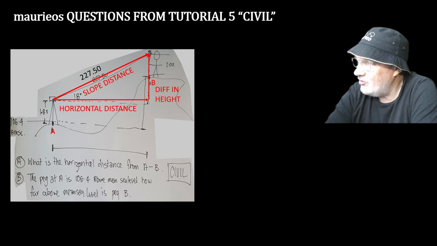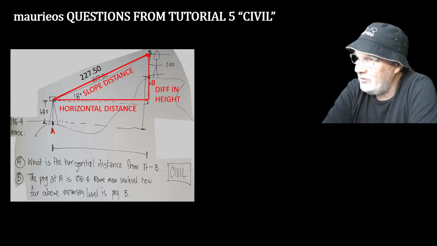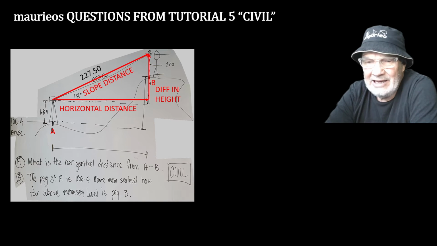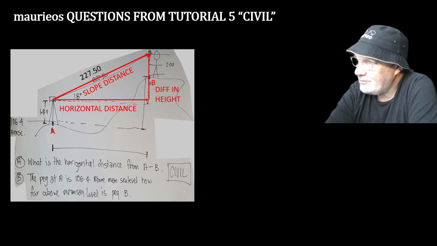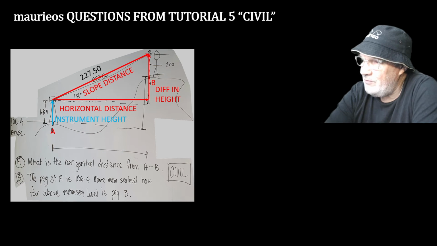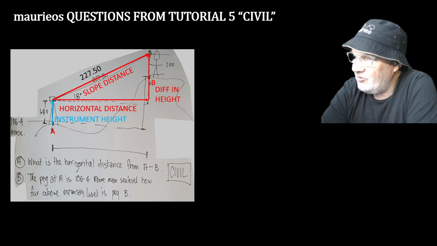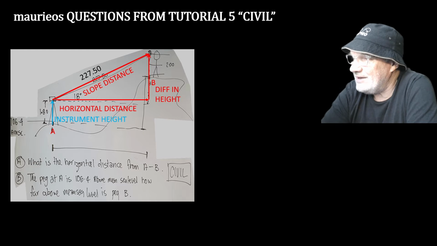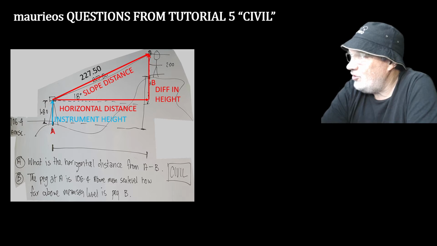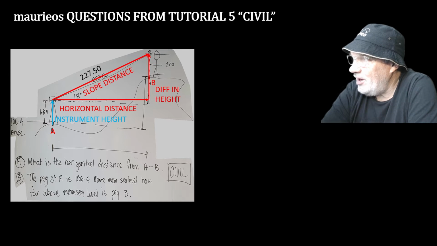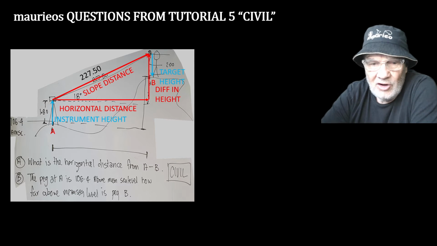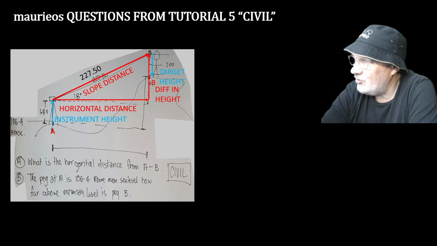That's the difference in height from the instrument to the target. So the target's held there by our chainman or field assistant. And the instrument is set up over the mark, and it's a particular height above the mark. The instrument height, in this case, is 1.8 meters. And our assistant is holding a target with a target height of 2 meters.